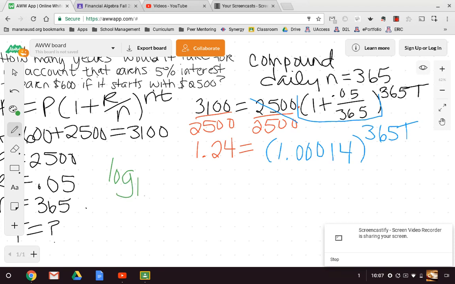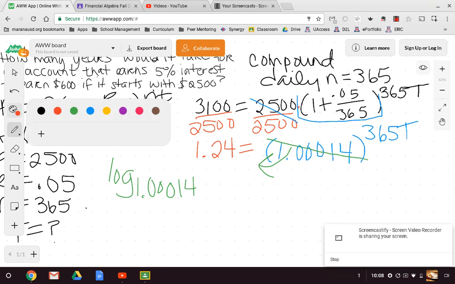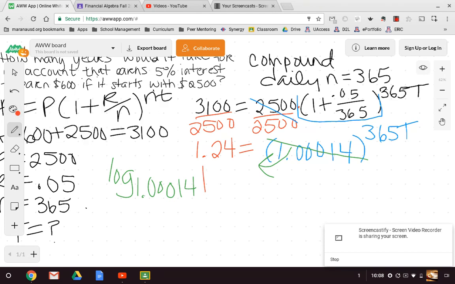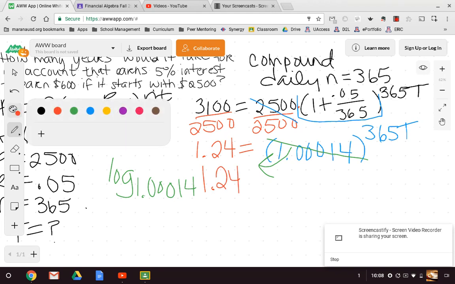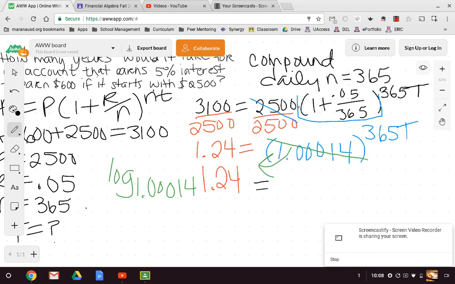And that 1.0014 actually becomes what's called the base of the log, because right now it's the base of the exponent over there. And when I write it on the other side, it cancels it out. So it moves over here by becoming this log, and it still has the 1.24 that was already over there attached to it. So 1.24. And then, of course, I still have on the other side the 365T.